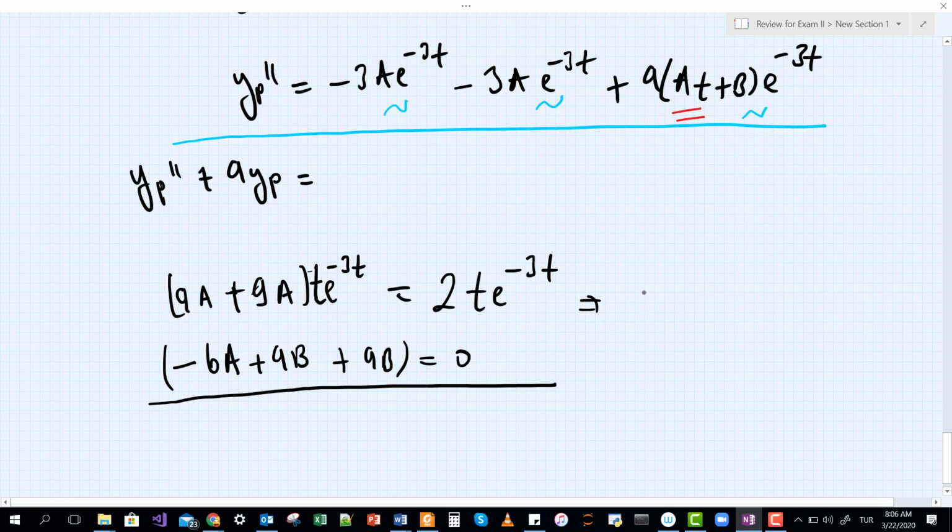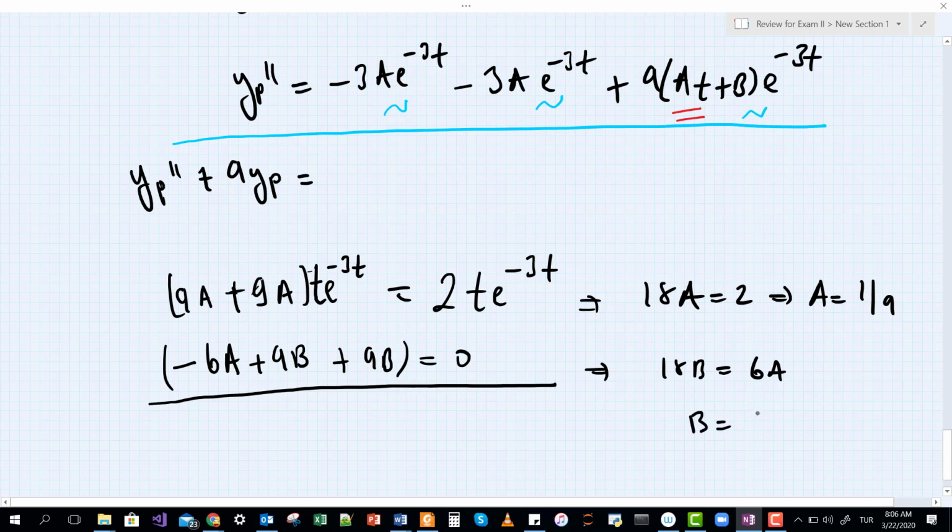So from the first side of the equation, 18a is going to be equal to 2, which shows me a is equal to 1 over 9. And from the second one, 18b is going to be equal to 6a, b is going to be equal to a over 3, which is equal to 1 over 27.